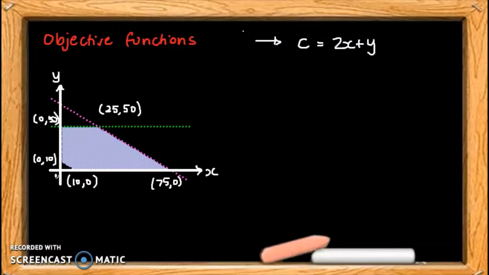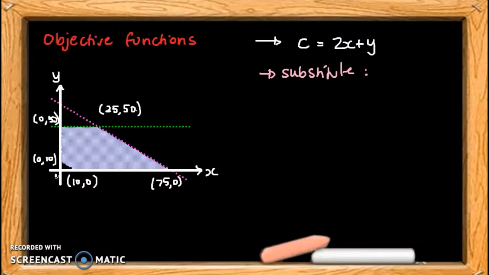Now, an objective function, which will be given to us, will always be found either at a corner or along an edge. So now we're going to see whether this is found at a corner or an edge. One way we can find out is by substituting corners. Let's have a look at that.